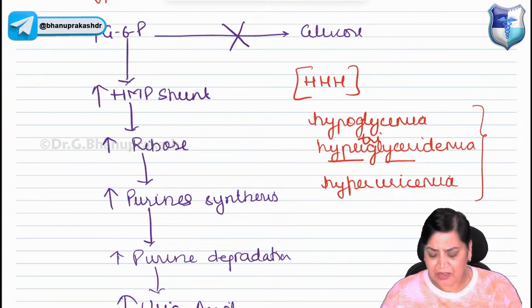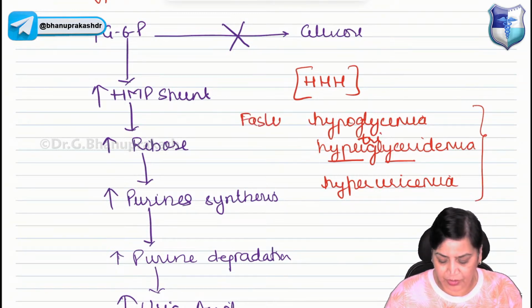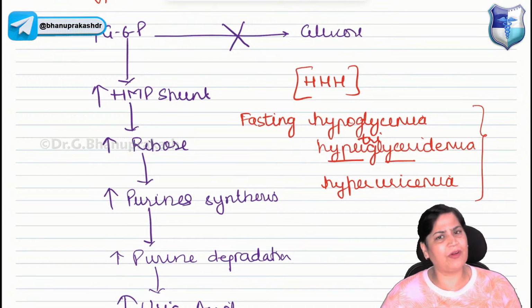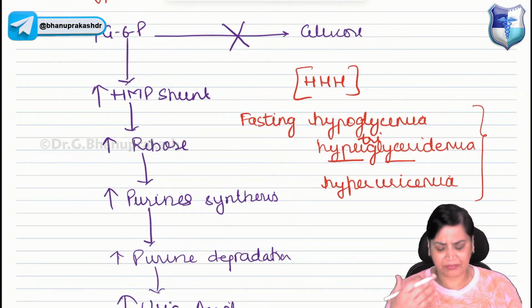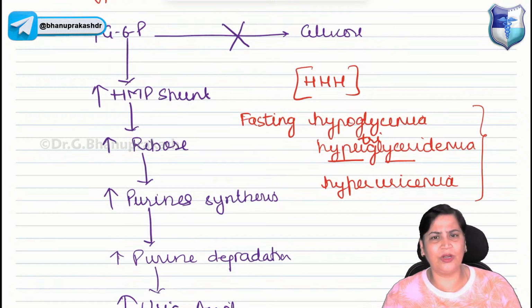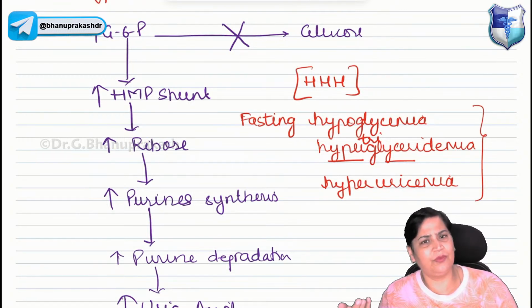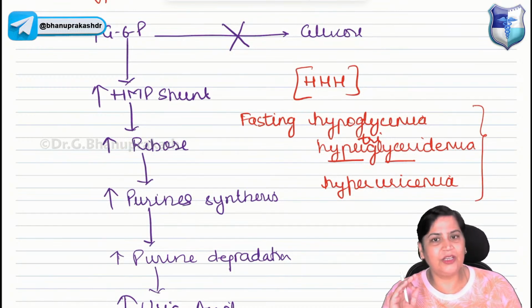And it will be fasting hypoglycemia. This is also very important, beta. There are different types of hypoglycemias: ketotic, non-ketotic, fasting, normal hypoglycemia. So it varies from person to person.